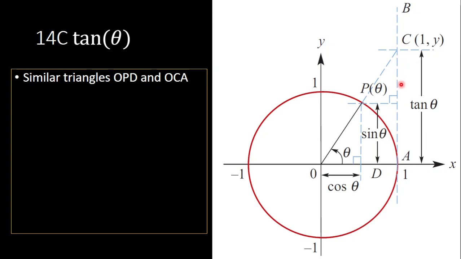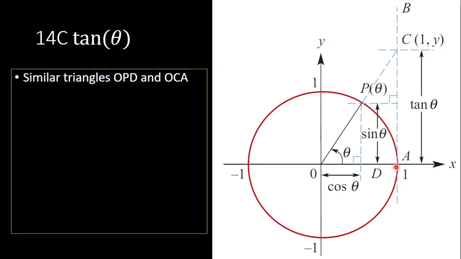Now that point being on a vertical line, we have an x-coordinate of 1. What else do we know? P is a coordinate of cos and sine theta, and so on. We're going to focus on two triangles. So we look at the triangle, the smaller one, OPD inside the circle, and then OCA.